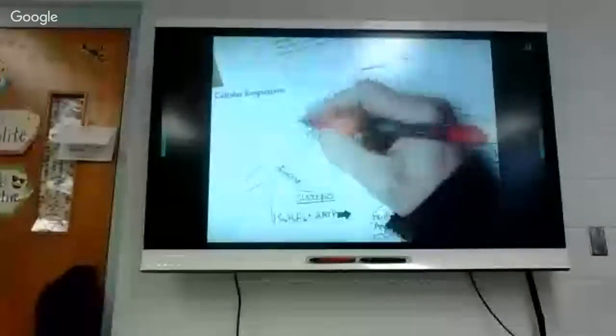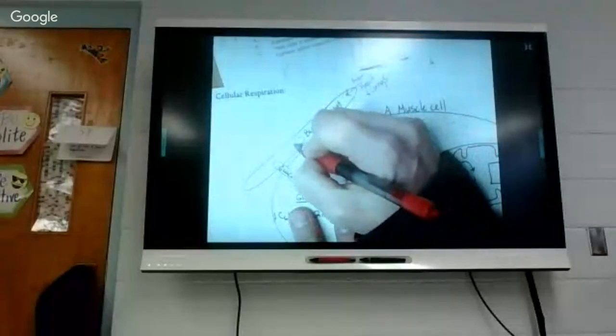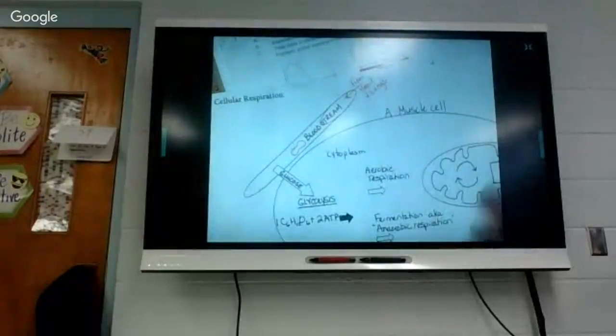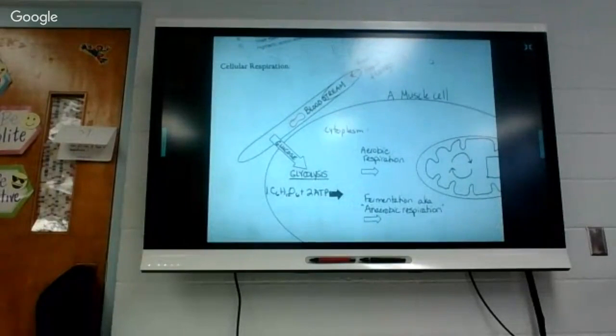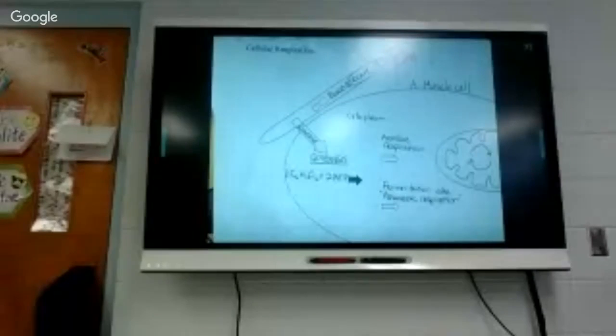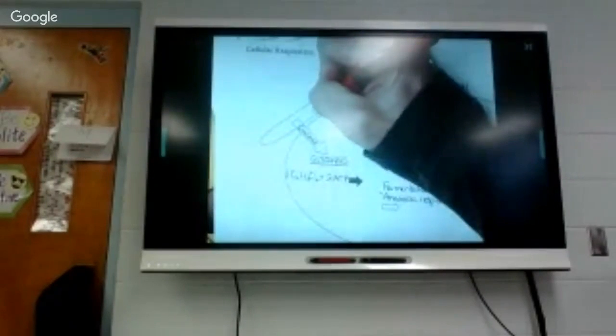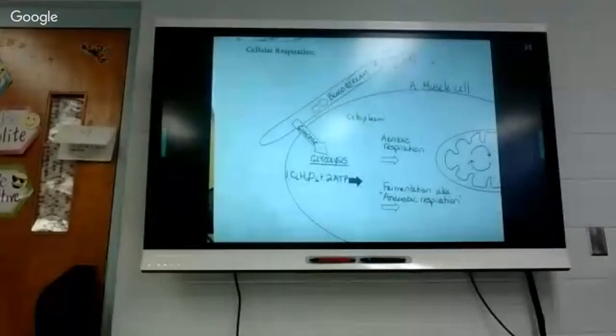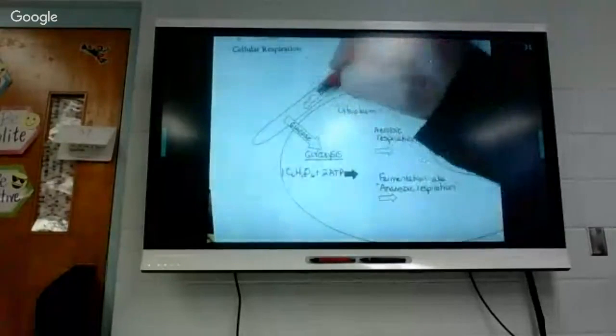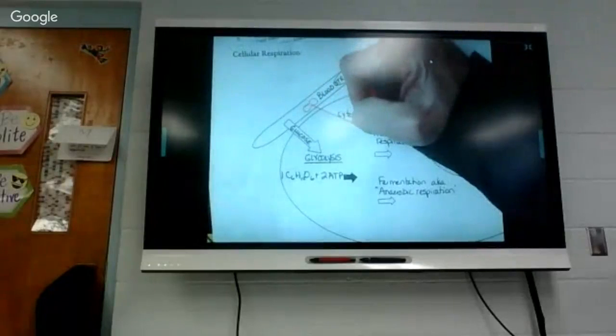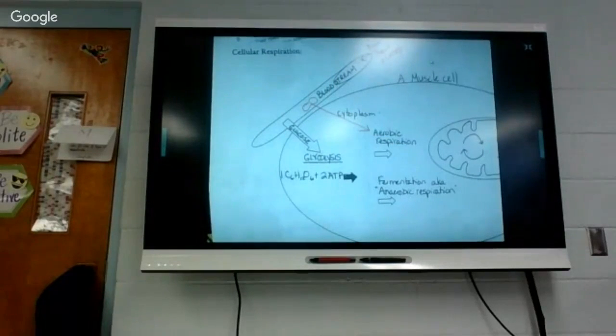So let's draw a little red blood cell. What are the red blood cells going to carry to the cells? It has hemoglobin inside that attaches to what gas? Oxygen. Since we're coming from the heart and the lungs, it's going to supply the cell with some oxygen.